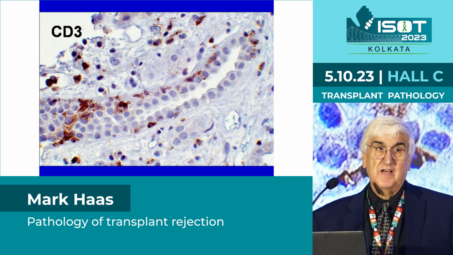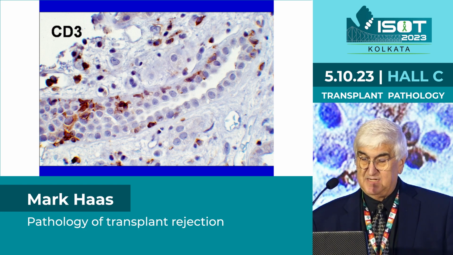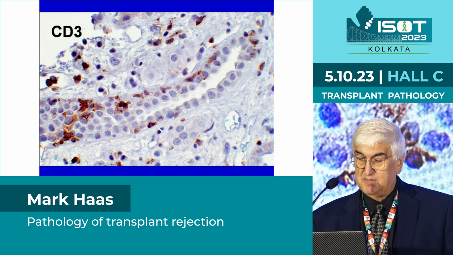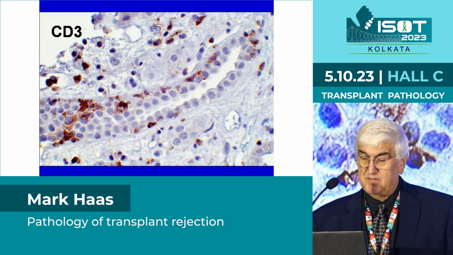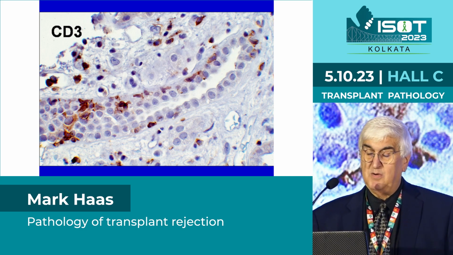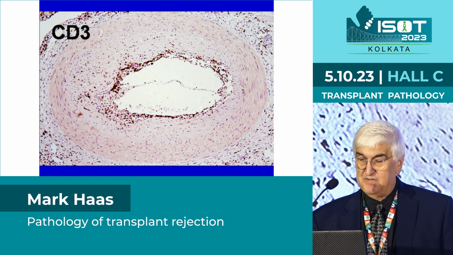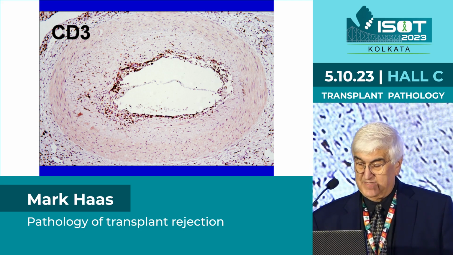The cells that are involved in the interstitial inflammation and tubulitis are predominantly T lymphocytes, CD3 positive, and thus the alternative term for cell-mediated rejection is T-cell mediated rejection, or TCMR. Here we see T cells infiltrating in a lesion of intimal arteritis.